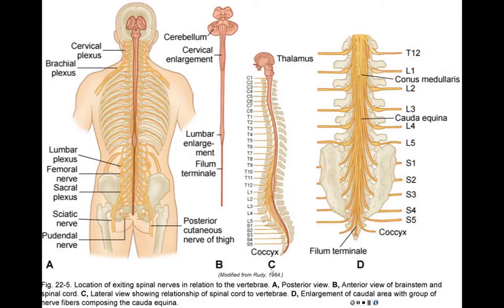So looking here, this is just a picture of the exiting of the spinal nerves from the vertebra. Both the posterior and anterior view, and the relationship of the spinal cord to the vertebra.